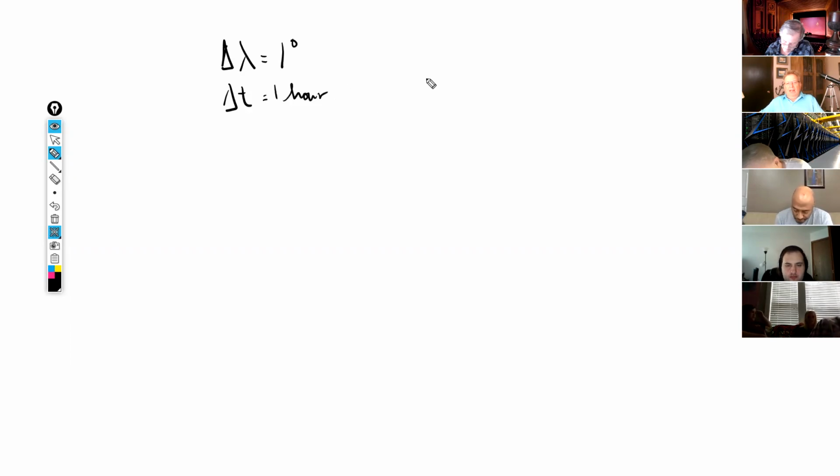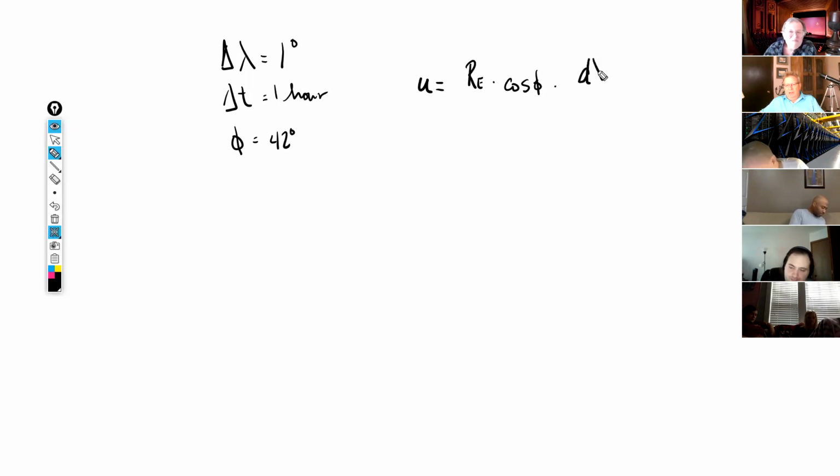And we are looking for the velocity, which is u, which is RE times cosine phi. And we said the latitude was 42 degrees. And we also want to say that's the change in the longitude over time.